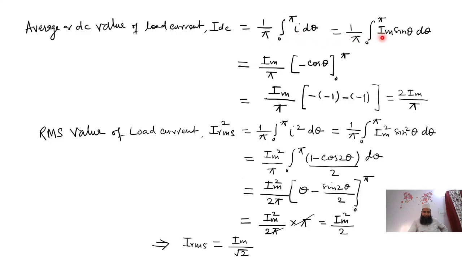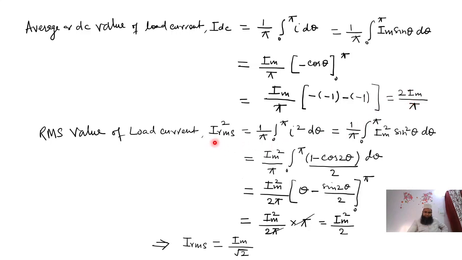We can write this as 1 upon pi, integral 0 to pi of Im sin theta. We can integrate sin theta, and the integration will be minus cos theta in limit 0 to pi. By putting this limit we can calculate, this will be 2 Im upon pi.